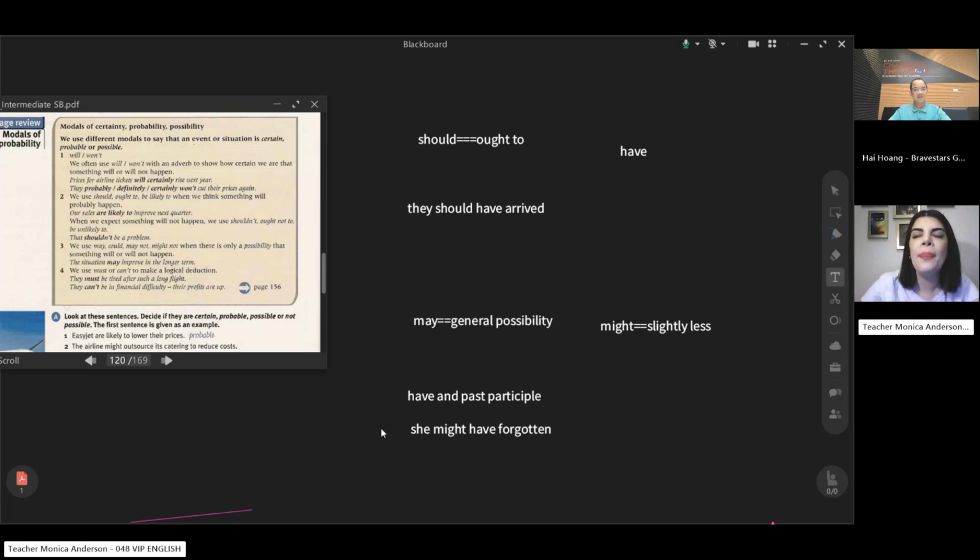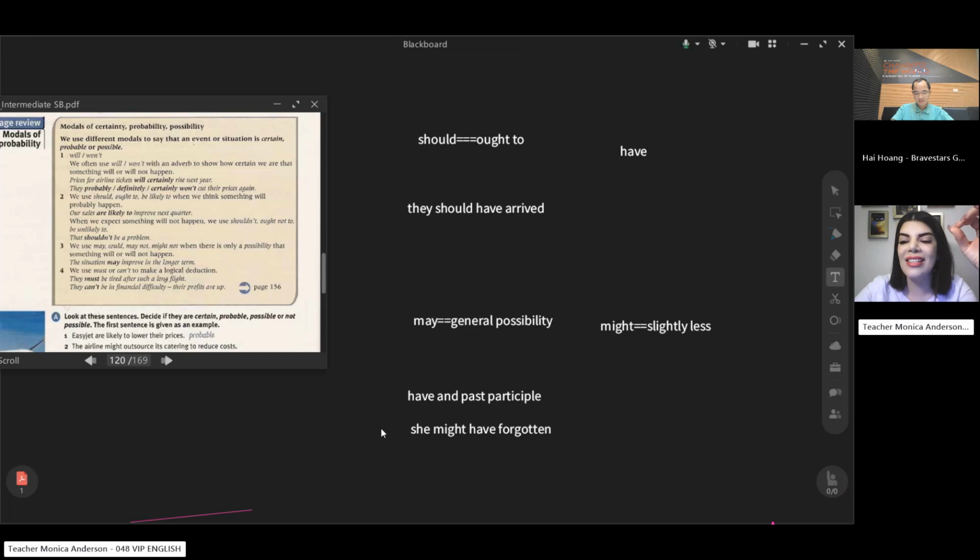But actually, when we say modals of certainty or probability, first of all, you need to know that probability and possibility are totally different. But if I want to give you a percentage, I say 100% for certainty. For must, let me say one by one. Must, 90 to 100 is good.